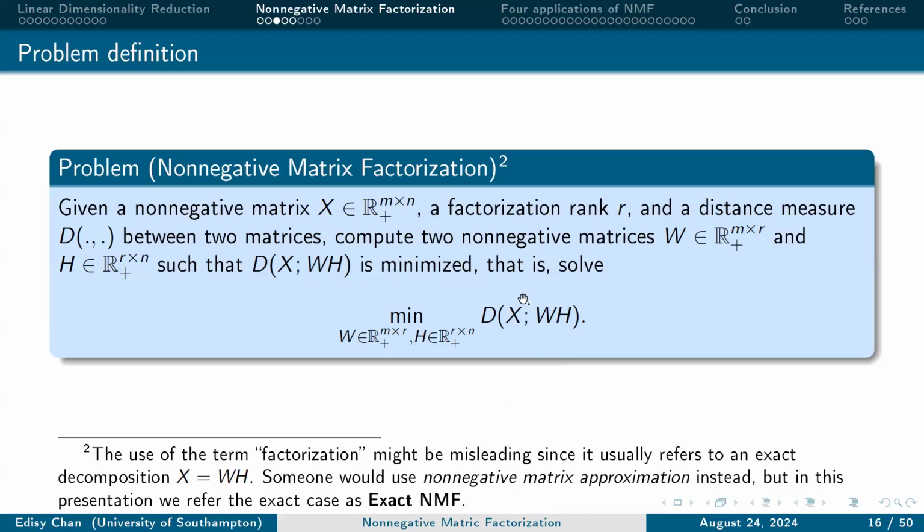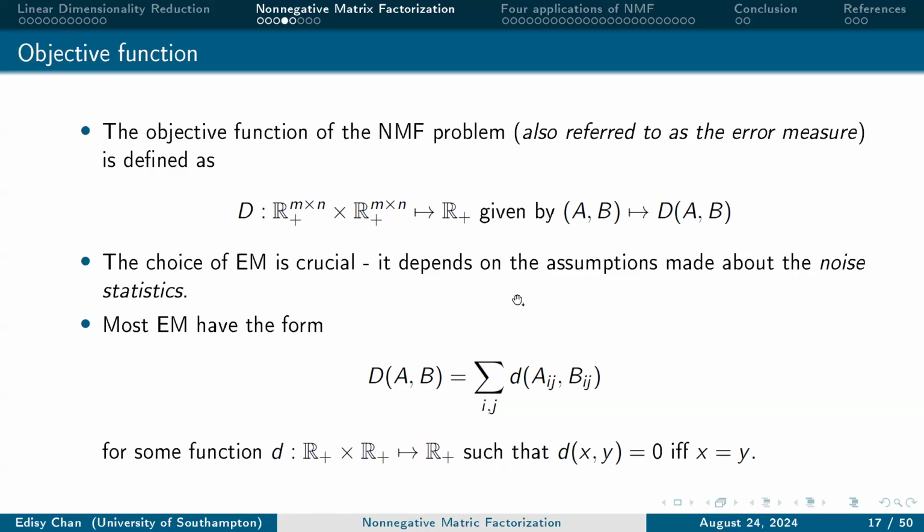Now the objective function of this problem, which we also call the error measure, is given by the following map. The choice of this error measure is really crucial, and it depends on the assumption made on the noise.